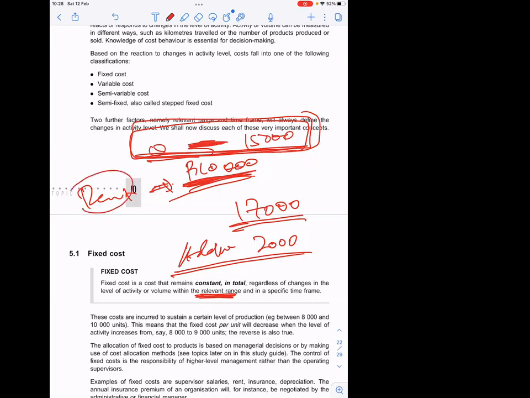This rental expense, which we are saying is fixed at 10,000, can increase a bit because now we have got the extra 2,000 units that you need to house. So you might need to add an additional warehouse space. Or you might need to go and get these units held by those people who run warehouses, have them kept there, and thereby incur an additional cost.